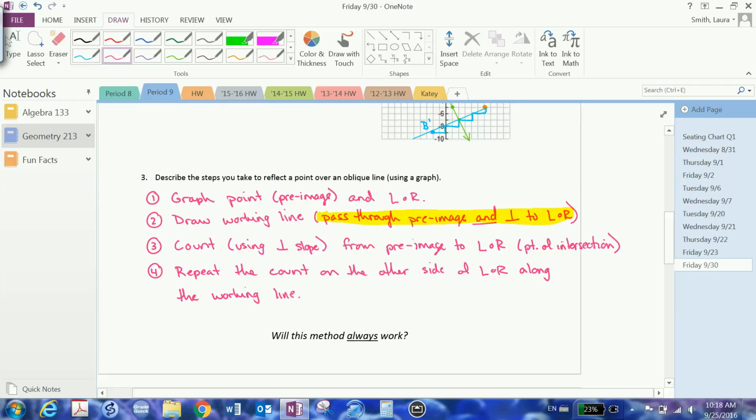All right, the image. Visually makes sense? Okay, so then the big question is, will this method always work?